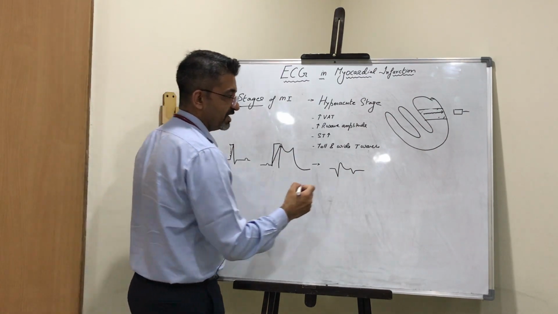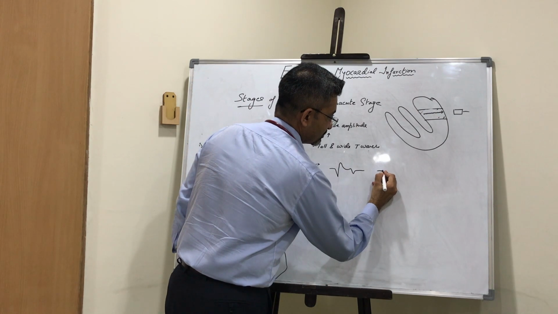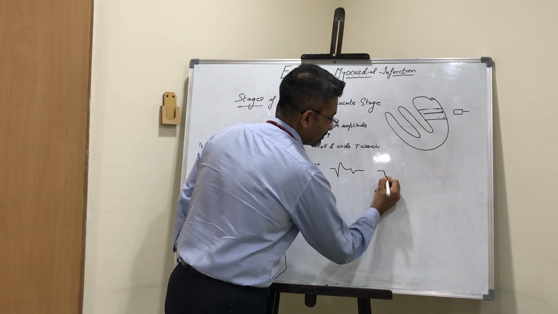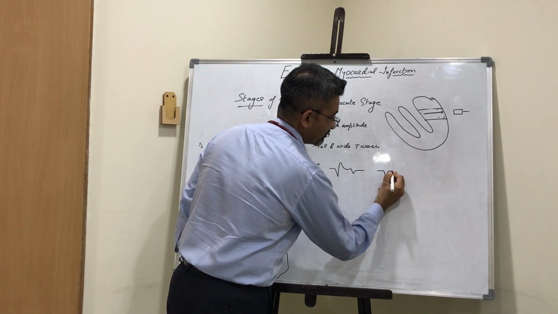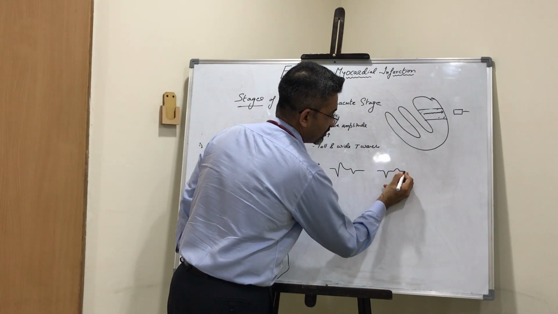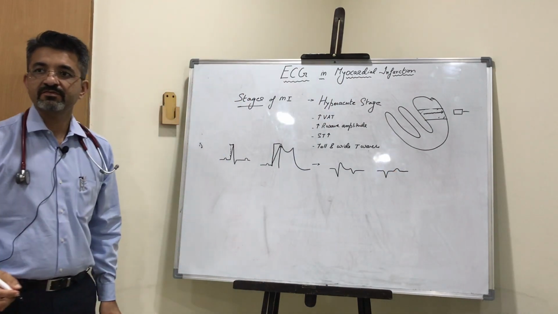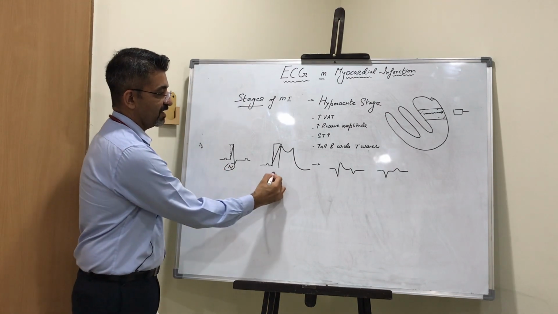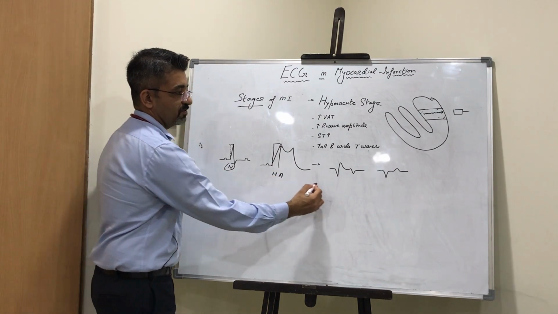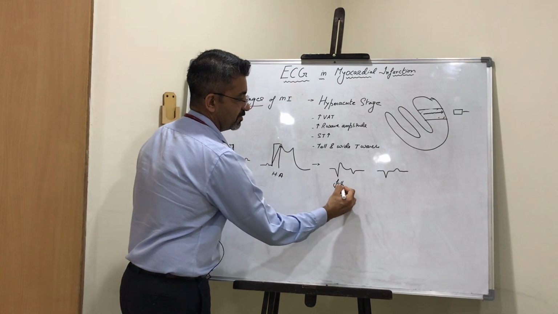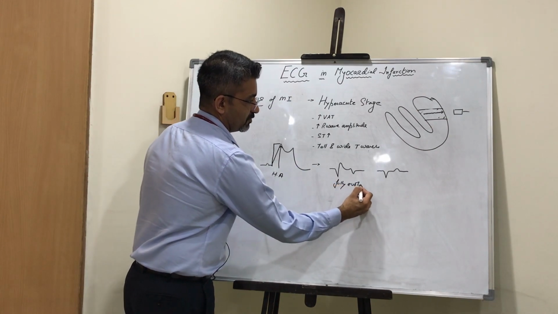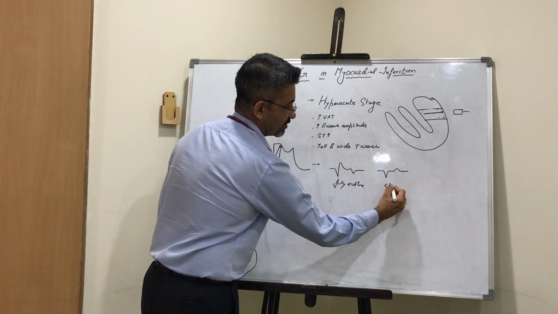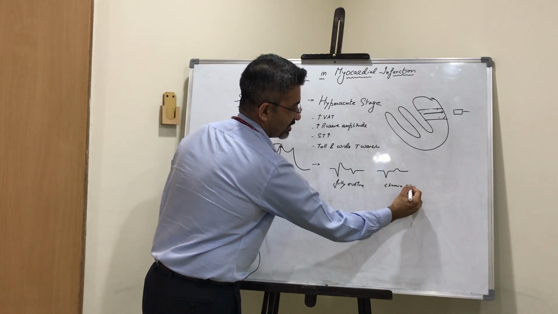In a chronic stabilized phase, you will get a Q wave, an ST which becomes isoelectric, and maybe a normal T wave. So this is normal, this is hyperacute, this is fully evolved, and this is your chronic stabilized.